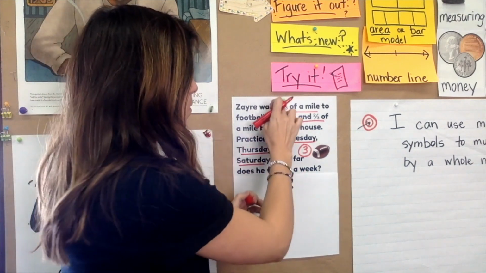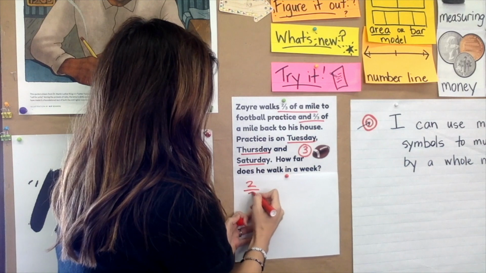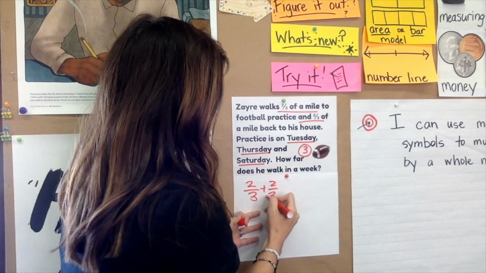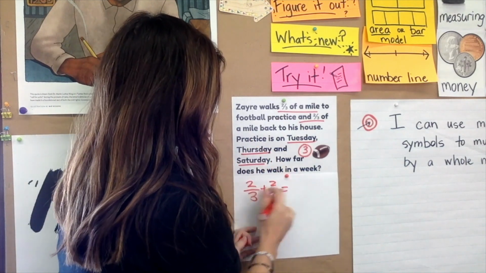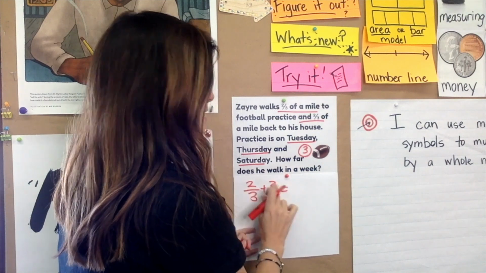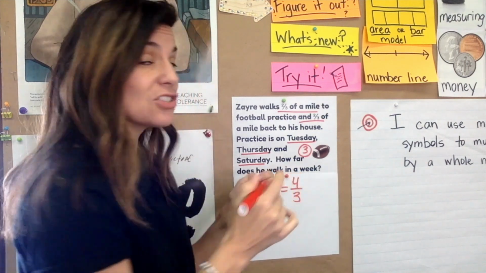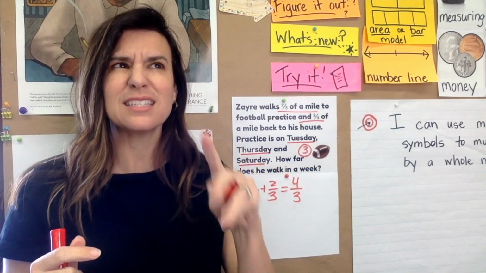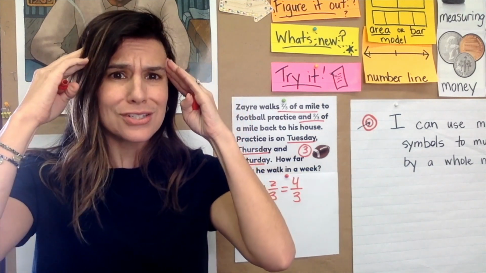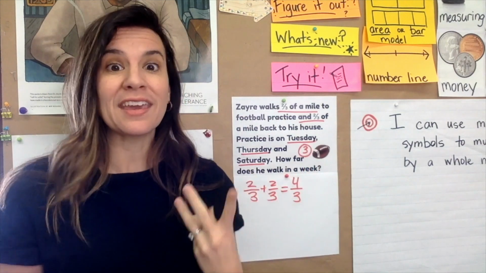Okay, so I know he has 2/3 plus 2/3, and that's each day he goes, and that equals, if we just add the numerator, 4/3. But he doesn't just do it one time, he does it 3 times. What should I do? Okay, I'm thinking about multiplication.